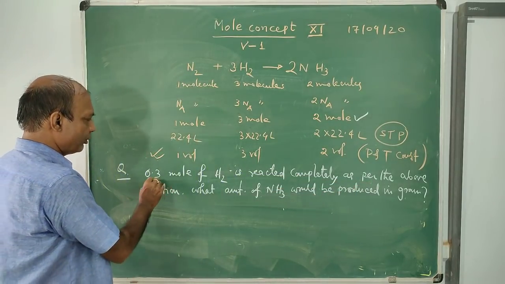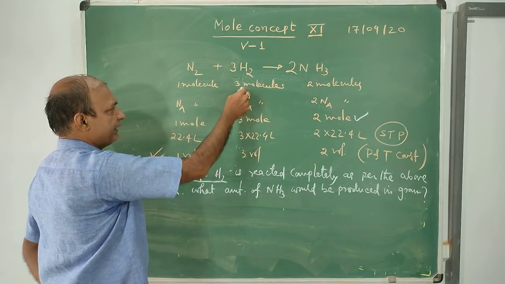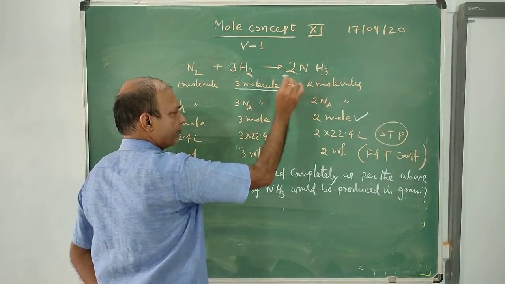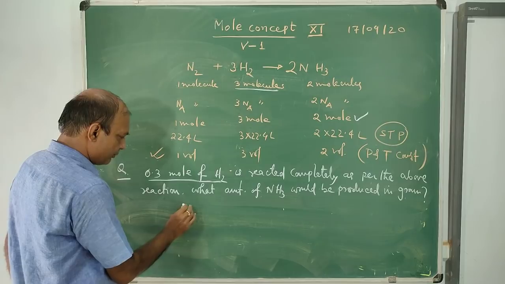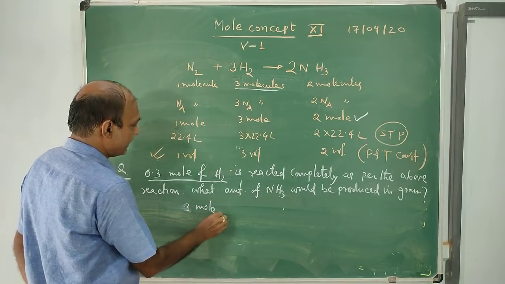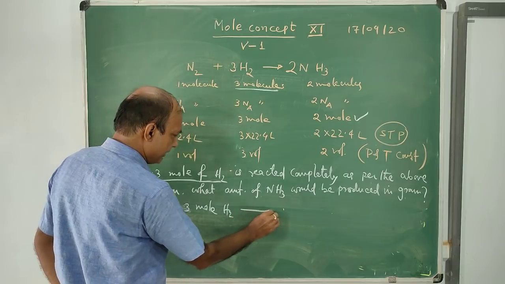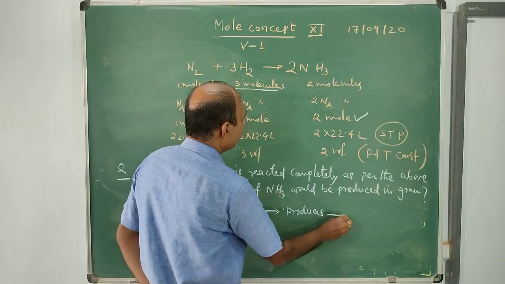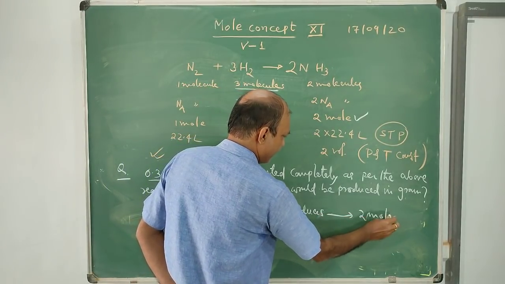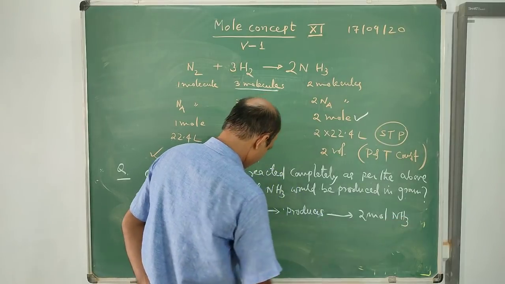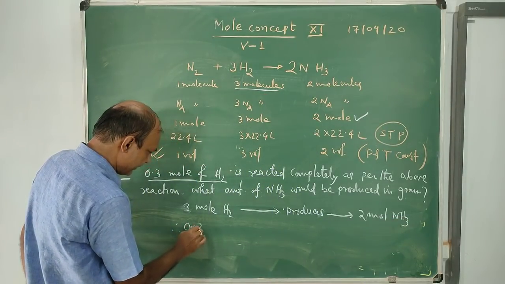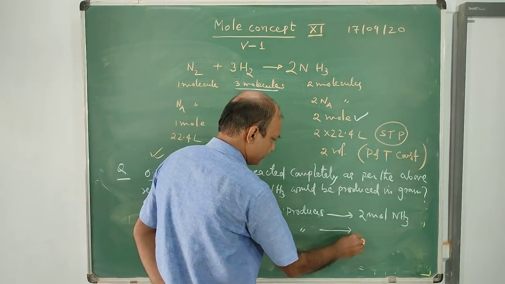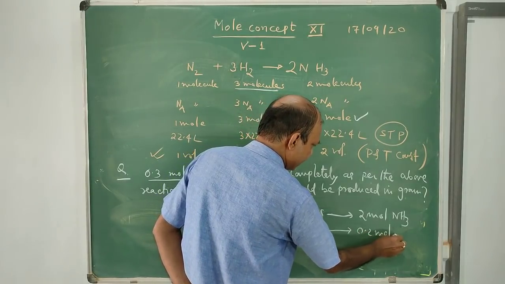So when 3 moles of hydrogen are reacted completely, 2 moles of ammonia are produced. Therefore, 3 moles of hydrogen when reacted completely produce 2 moles of ammonia. Therefore, 0.3 mole of hydrogen when reacted completely produces 0.2 mole of ammonia.